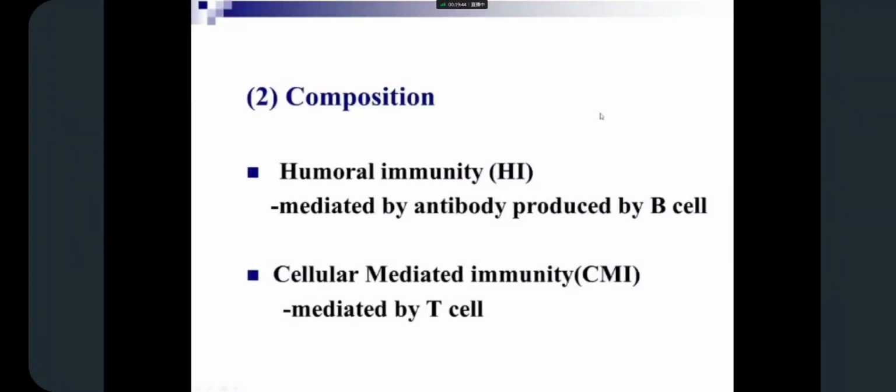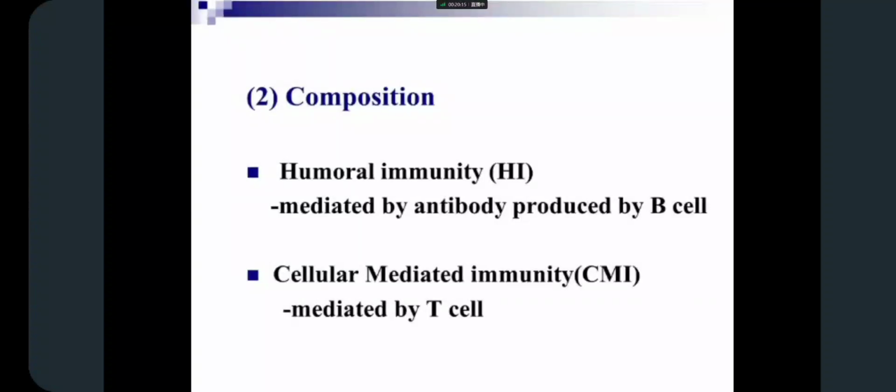Okay, the adaptive immune system is quiescent until stimulated by a specific infection. This potential is converted to actuality by one of two major arms of the immune response.